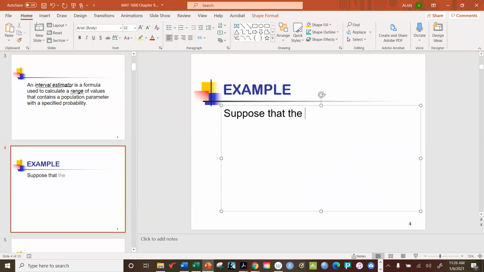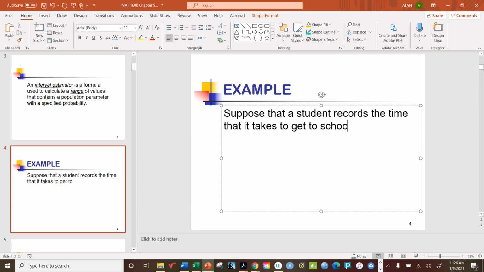Let's think about it this way. Suppose that a student records the time that it takes to get to school each day. Okay, fine. So every day you go to school, you write down on a piece of paper how long it took to get to school.